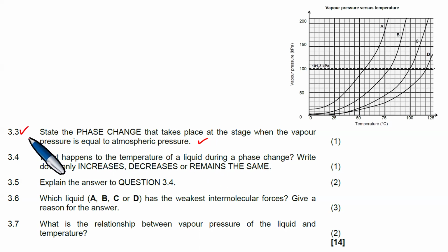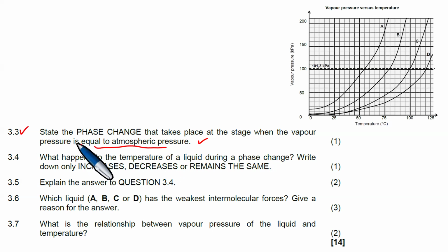Now, when vapor pressure is equal to atmospheric pressure, let's look at water, because we know water very well. We use water to bath and so on. We boil water most of the time to make tea and all that.